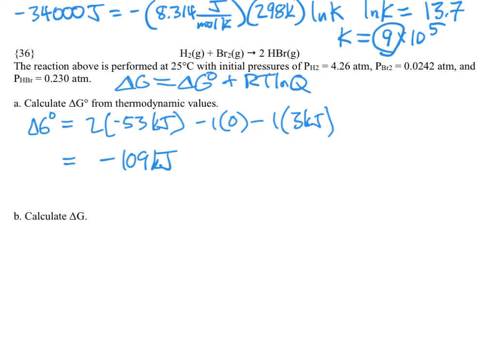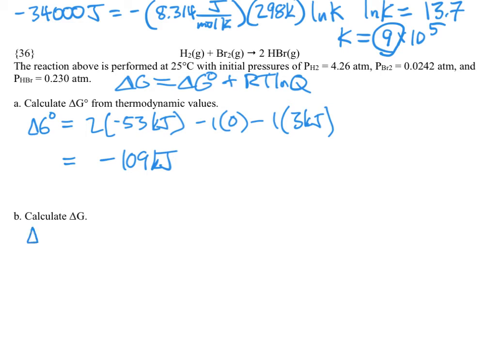But now we're going to deviate from that, and as you can see, quite a bit. We're going to have 4 atm, 0.02 atm, 0.2 atm. So we are noticeably far away from standard pressures here. Let's see what that does to the value of delta G. So now we're going to get the chemist's delta G.